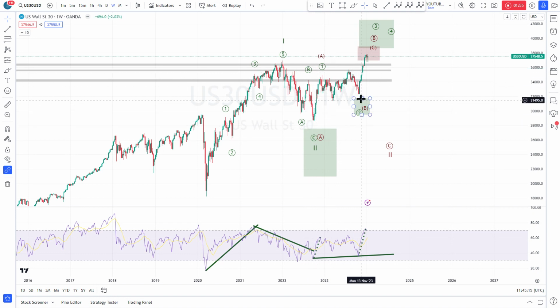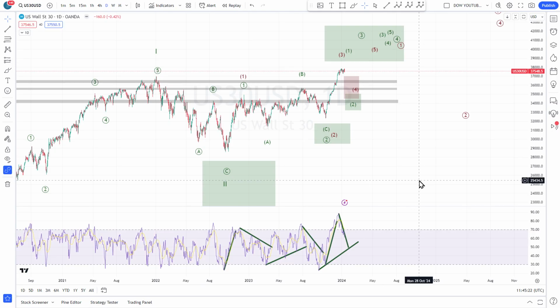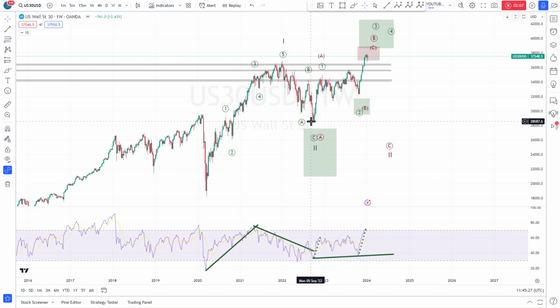So A, B, C. We are also ending strong here, both in the weekly and in the daily. So this could be the end of a corrective structure up, A, B, C. And if this here is our wave B, then what we should expect is another impulse down as a wave C to finish this wave 2 low, taking out the low right here.